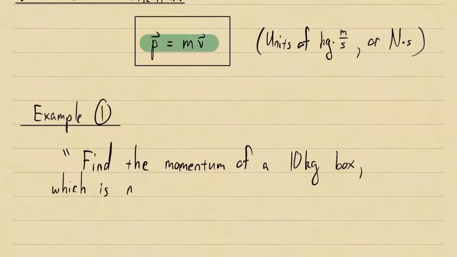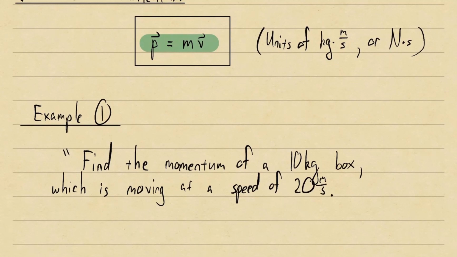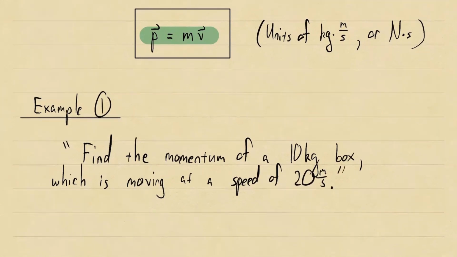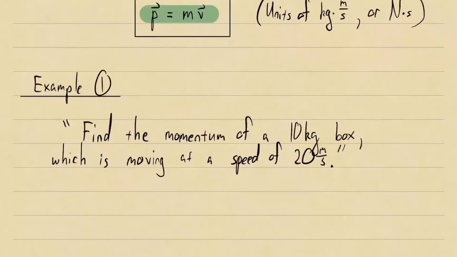So it's kind of short. In this case, this is an example of a 1D problem. So we're going to indicate our vector by whether it's positive or negative. It's either moving to the right if it's positive, or it's moving to the left if it's negative.